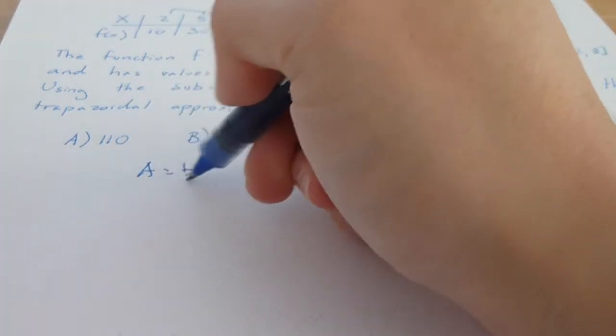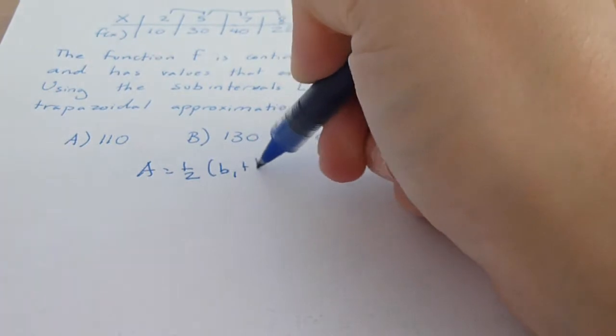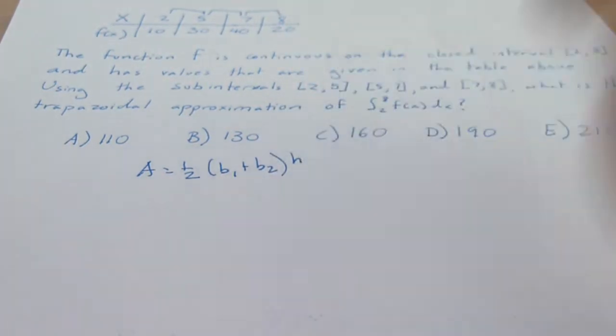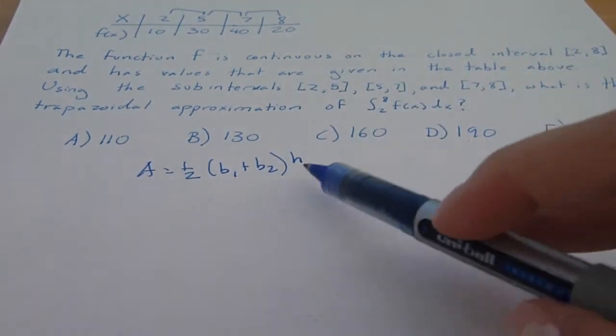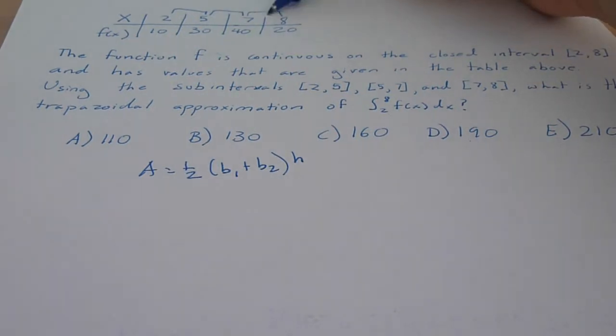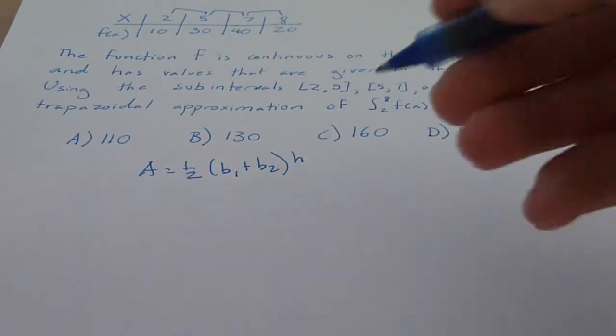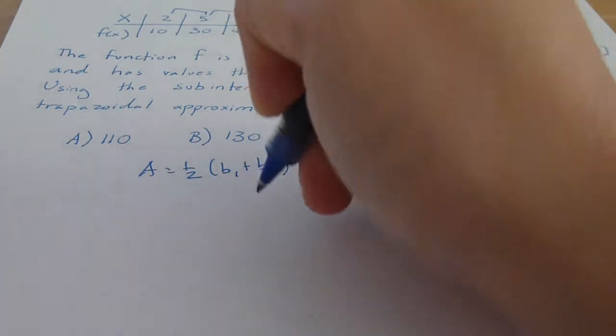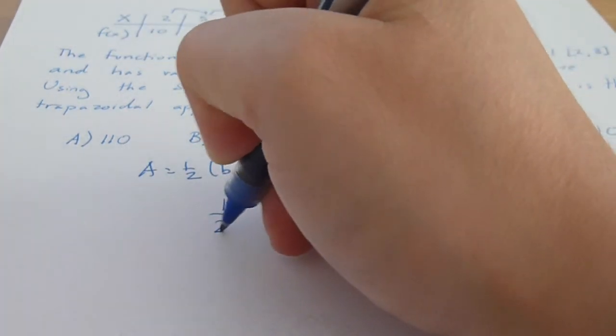And it says trapezoidal, so remember the area of a trapezoid is equal to 1/2 base 1 plus base 2 times the height. And our heights are x values. Notice they're not consistent. The difference here is 3, the difference here is 2, and the difference there is 1. So we cannot pull out the height for everyone, but we can pull out the 1/2.